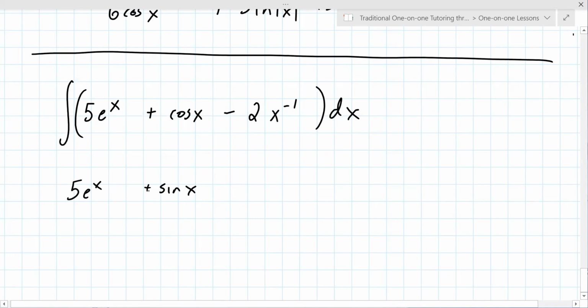Minus 2x to the minus 1, what does it become? It's one of the ones I gave you. Natural log absolute value of x plus c. This right here becomes this.